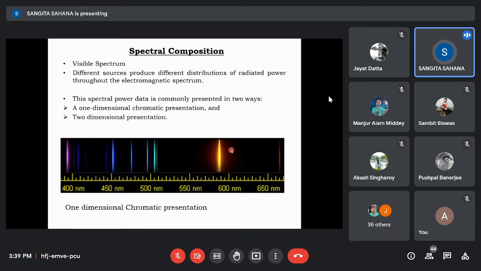From this figure, we cannot understand how much blue or how much red is emitting. We can get an idea that yes, the yellow is prominent, with some more lines in the blue region, and it's not continuous. There are only some discrete lines.